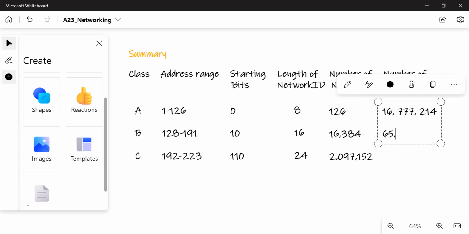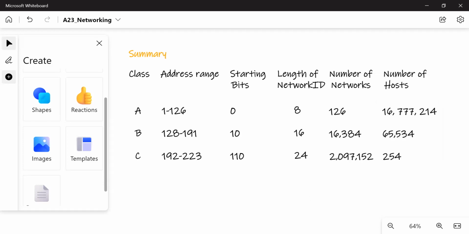Then when you have 16 bits, 65,536 minus 2, we will have 65,534. And the last one, with 8 bits, the maximum is 256 minus 2, so you will have 254. Right. So that's the summary of classes A, B, and C.